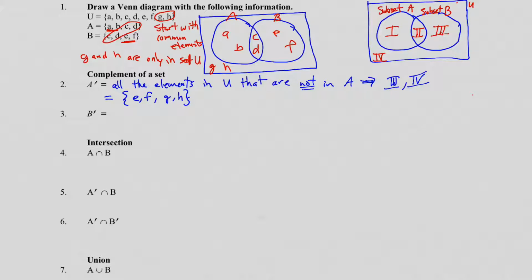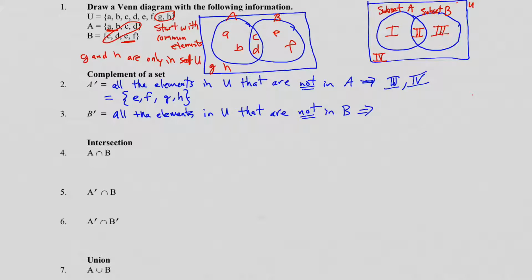Alright, same thing with B. So this is called A complement, and now this one's called B complement. So all the elements in U that are not in set B. What two regions are those?